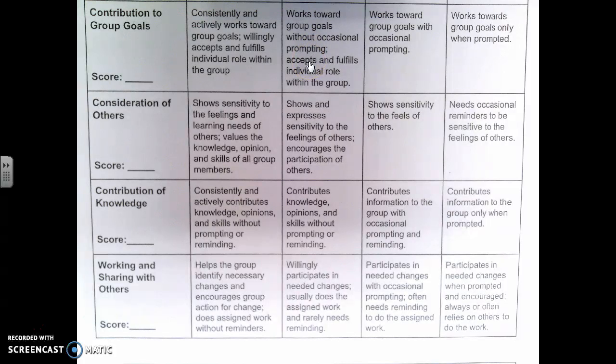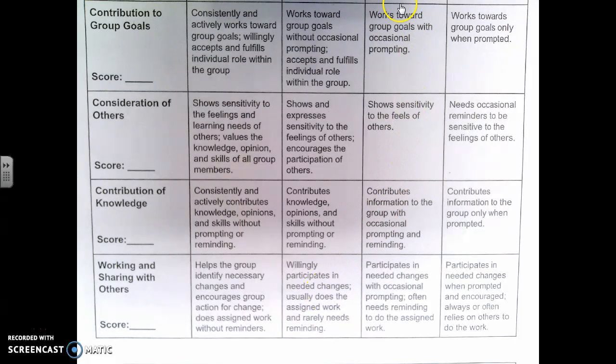One step down, works toward group goals without occasional prompting, accepts and fulfills individual roles within the group, shows and expresses sensitivity to the feelings of others, encourages the participation of others, contributes knowledge, opinions, and skills without prompting or reminding, willingly participates in needed changes, usually does the assigned work, and rarely needs reminding.